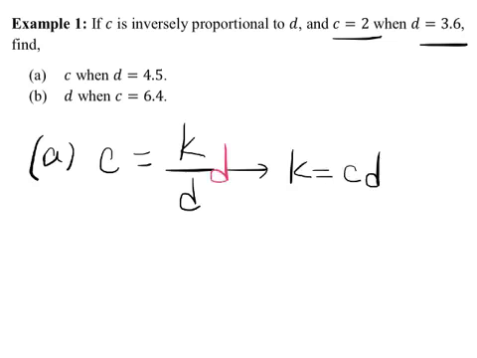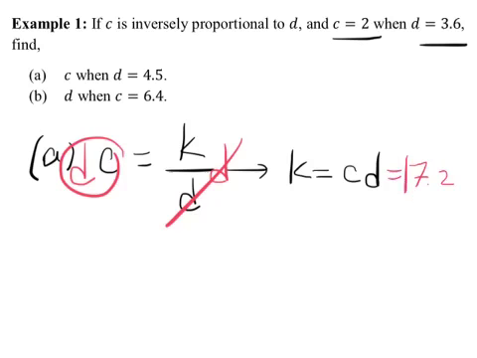Multiply both sides by d, which gets rid of that d. So k is defined as cd, which is the product of the two variables given here. So if you want to get k, you just do c times d. c is 2, d is 3.6. 2 times 3.6 is 7.2. That's the k value.